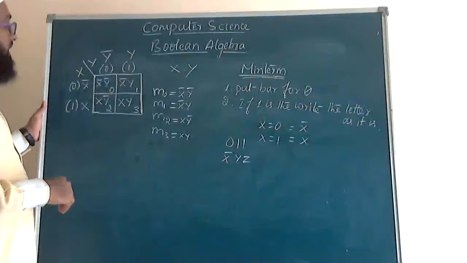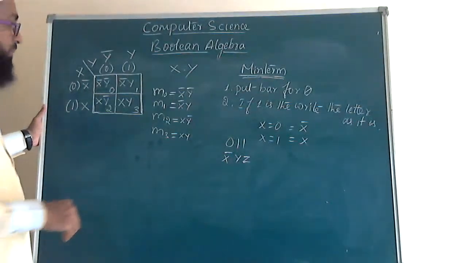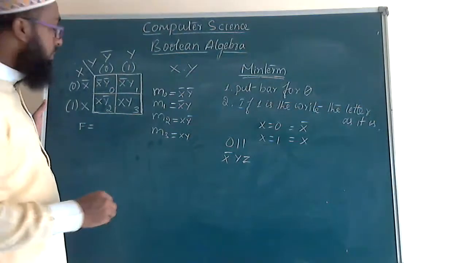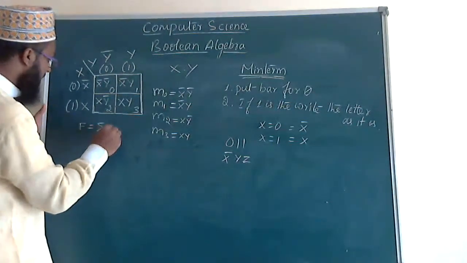So for this Karnaugh map, f is equal to, we will always represent min terms by sigma.